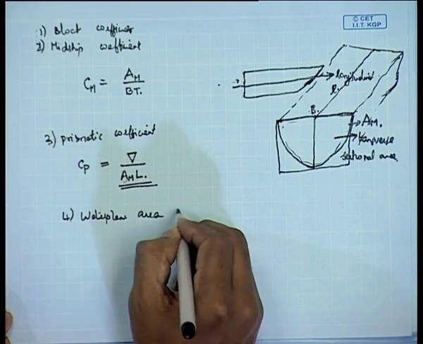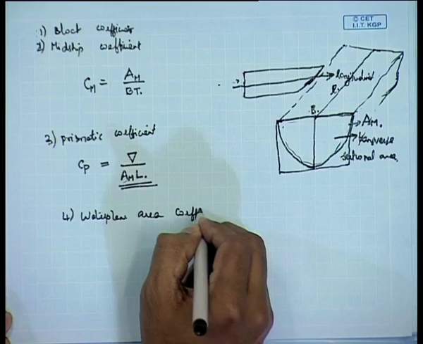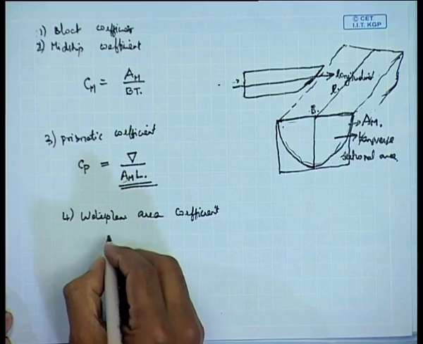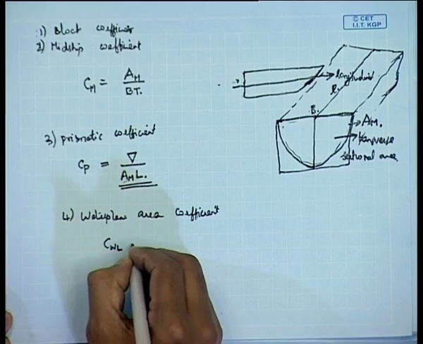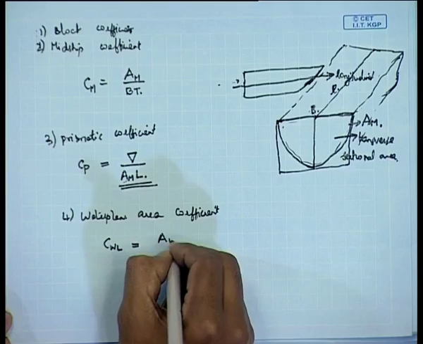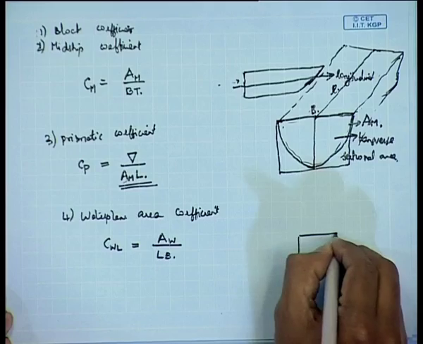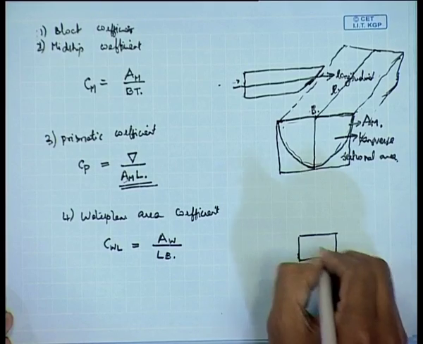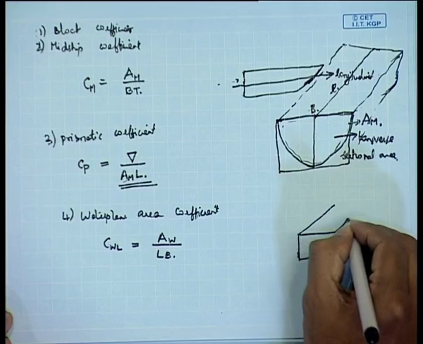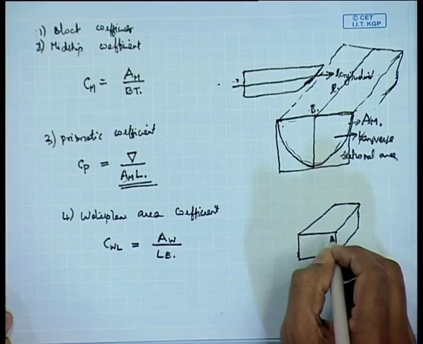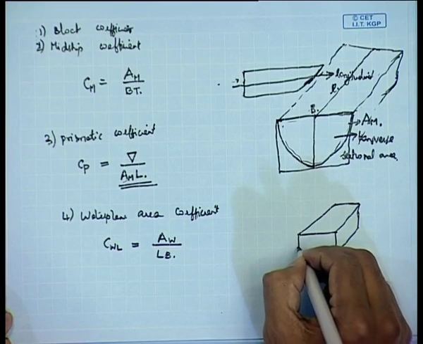And then there is the water plane area coefficient. This is another coefficient. It is denoted as CWL is equal to AW divided by L into B. That is, if you have a shape like this, AW is the water plane area.